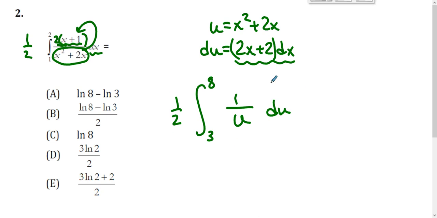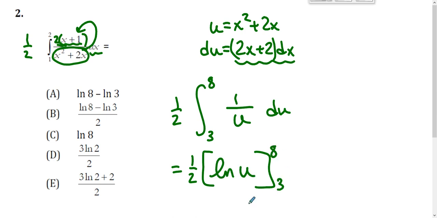This integral has the same value that this integral does, and so to do this, we do that because it's easier. What's the antiderivative of 1 over u? Boy, I hope you remember that. Sub, and subtract, and it looks like that.